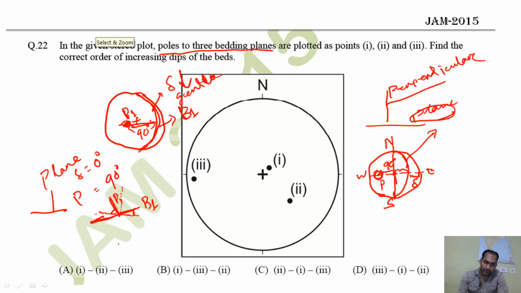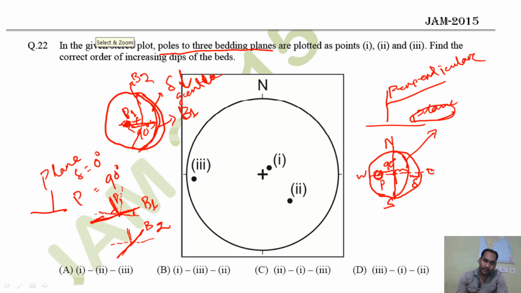If I plot another plane, this is B2, that means the bed will be like this. This is the vertical, this is the horizontal, right? So this is your B2.